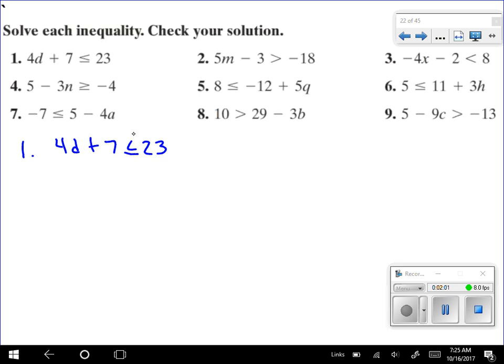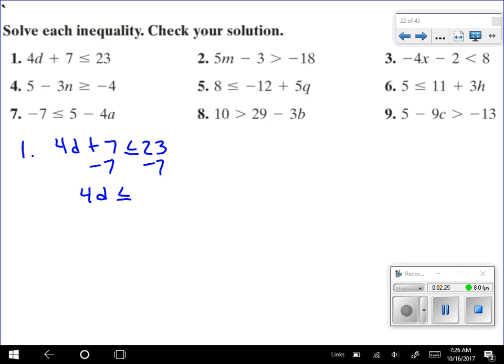If you have to, draw that line down the middle like you did with the equal sign. What would you do if it was an equal sign? Well, the piece that's least attached to d would be 7. So we're going to do the inverse and subtract 7. So I get 4d, and I can just keep this inequality symbol like it was an equal sign.